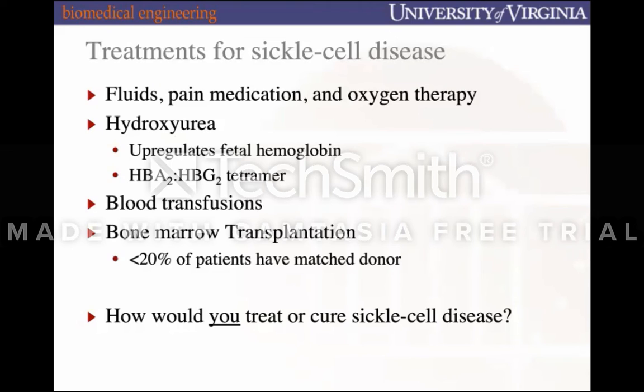There's one interesting treatment, hydroxyurea, that upregulates fetal hemoglobin. If we remember from the beginning, hemoglobin is a heterotetramer. That means it has 4 subunits, a combination of different kinds of subunits: 2 alphas and 2 betas. Fetal hemoglobin is actually 2 alphas and 2 gammas.